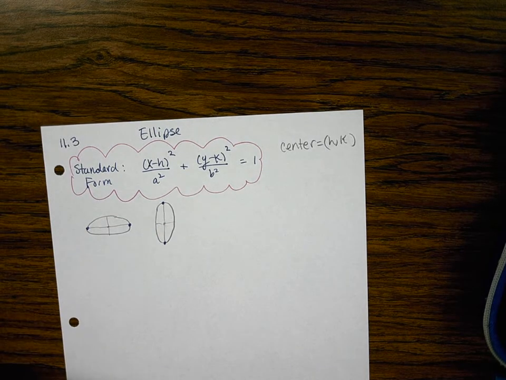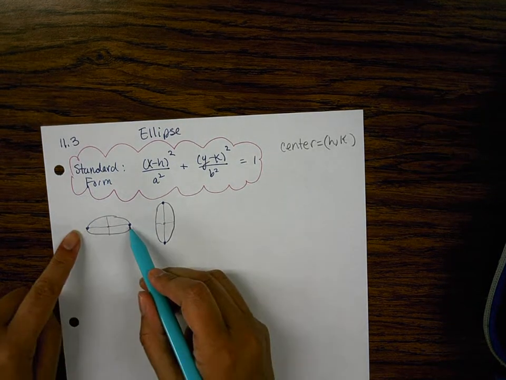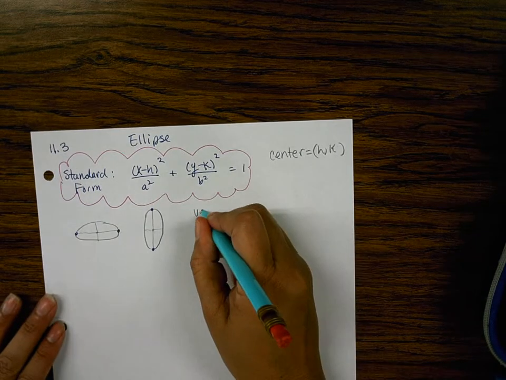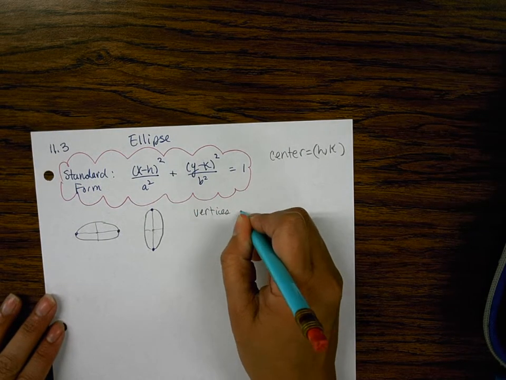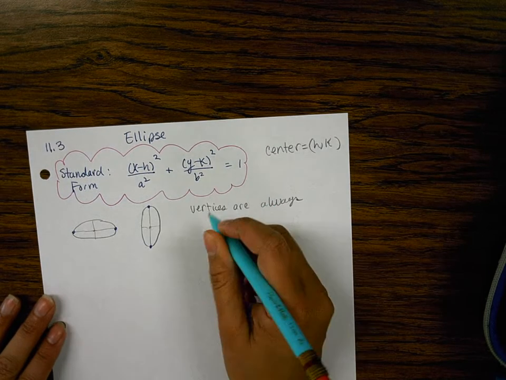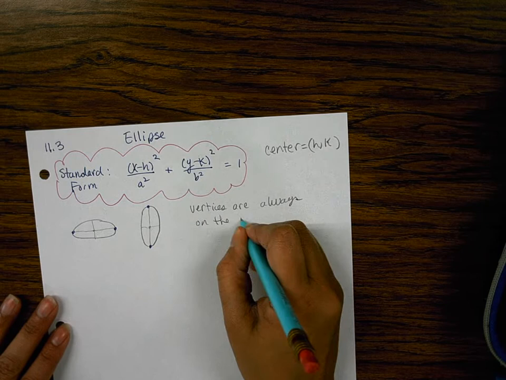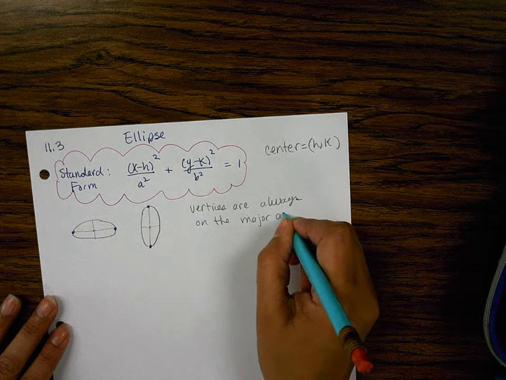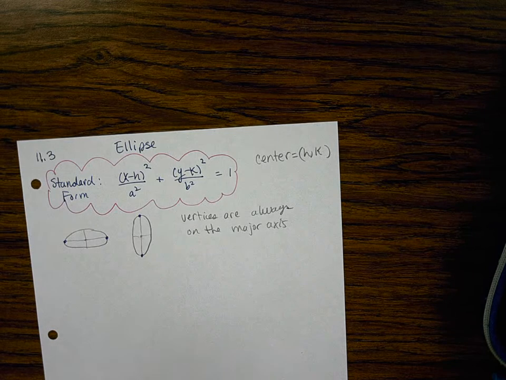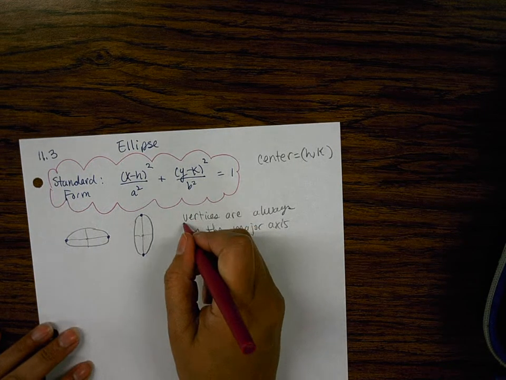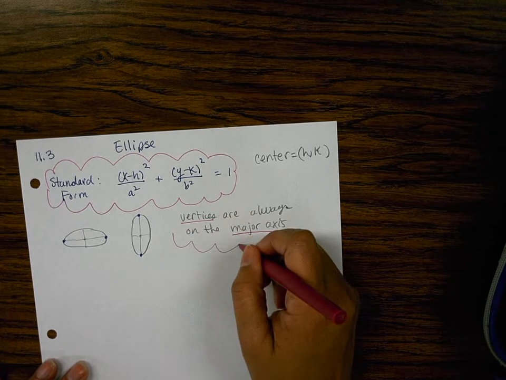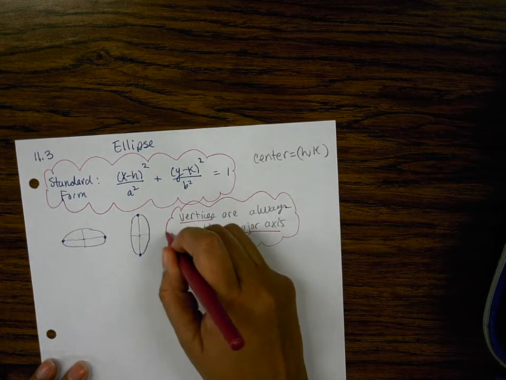The vertices are always on the major axis, and the major axis is where your 2 points are furthest apart. So you can say the vertices are always the 2 points that are furthest apart.